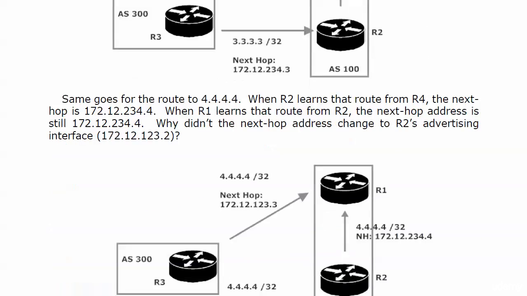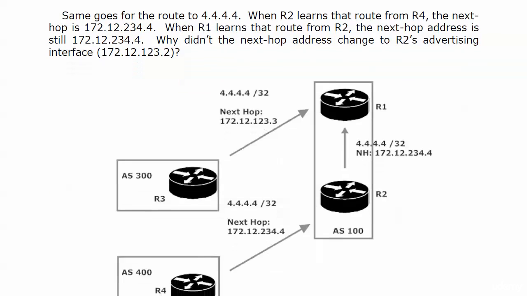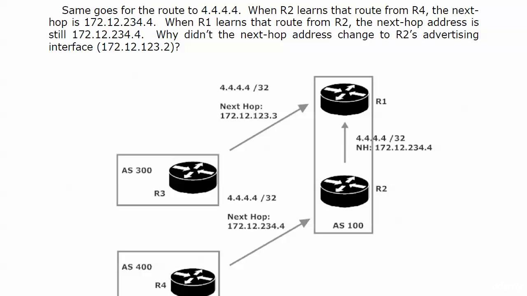Well, we have the same thing going on with 4.4.4.4, because when router 2 learns that route from R4, the next hop IP address is 172.12.234.4. Makes perfect sense.